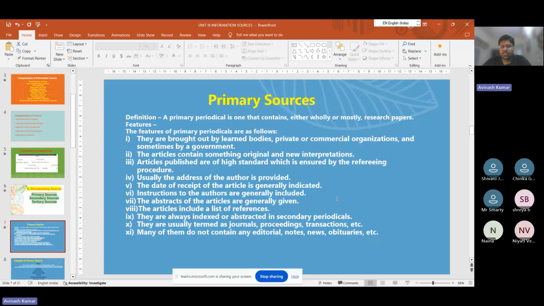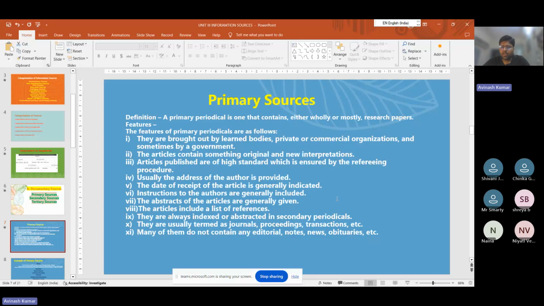What are the features? They are brought out by learned bodies, private commercial organizations, and sometimes by the government. The article contains something original and a new interpretation. The article is published to a high standard. These are the features by which you can identify primary sources.